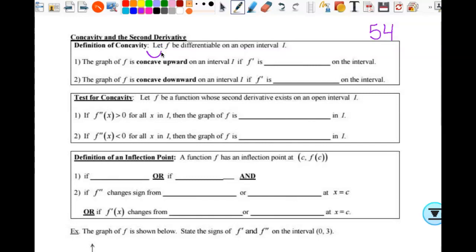On the interval I, f is concave up if f prime is increasing. And then the graph of f is concave downward, which would mean like this, like all my water is going to spill out, on an interval I if f prime is decreasing.